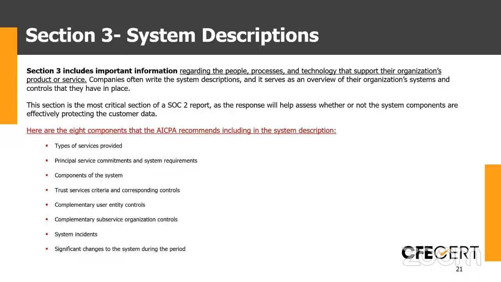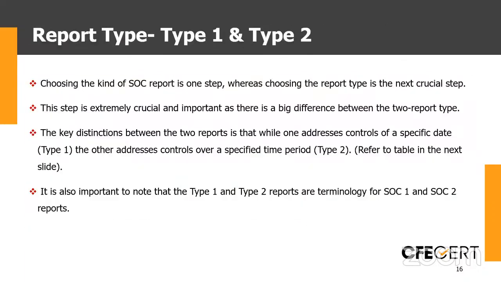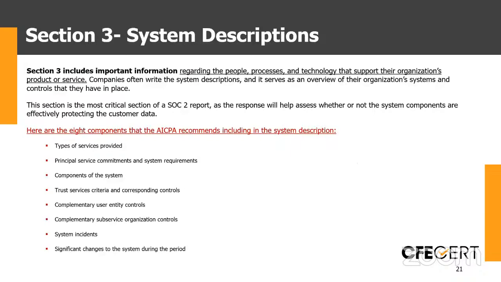Those are a few examples of complementary sub-service organization controls. I'll take a pause here if anyone has any questions around CUECs. Complementary user entity controls are abbreviated as CUECs, and complementary sub-service organization controls are abbreviated as CSOCs. Any questions on CUECs or CSOCs?